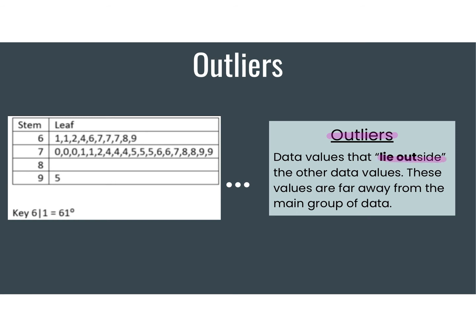These are far away from the main group of data. In the stem and leaf graph on the left, the data value 95 is far away from the main group of data. So 95 is an outlier for this stem and leaf graph.